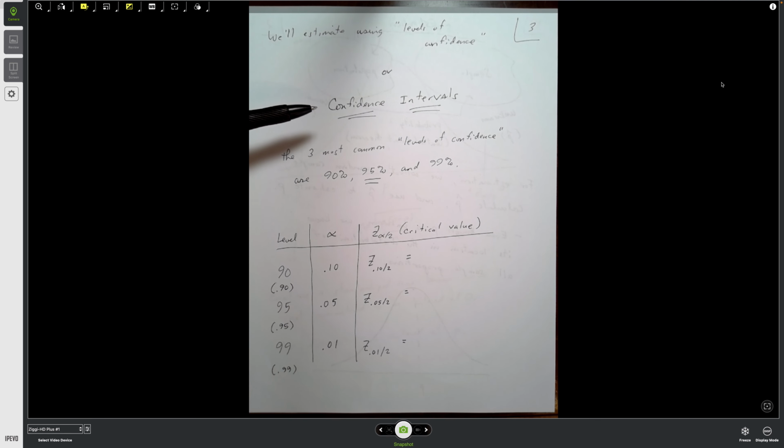In this illustration, to estimate the unknown population proportion P. There are 3 common levels of confidence, and those are 90%, 95%, and 99%. I do a lot of work with research. I read a lot of research. I have never seen a confidence interval other than one of these 3 reported. In fact, the go-to is always just about 95%, right?